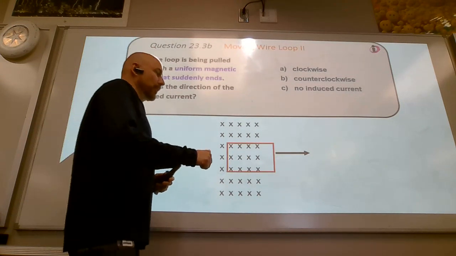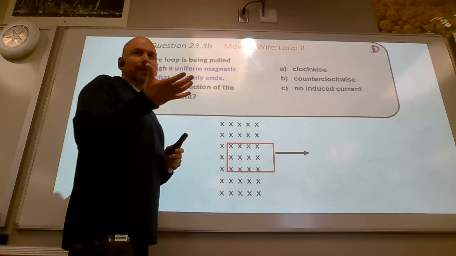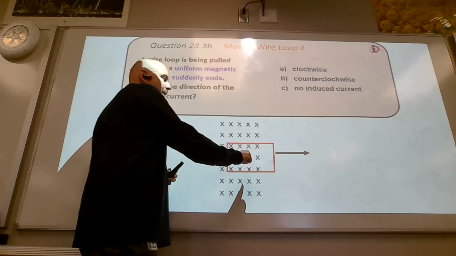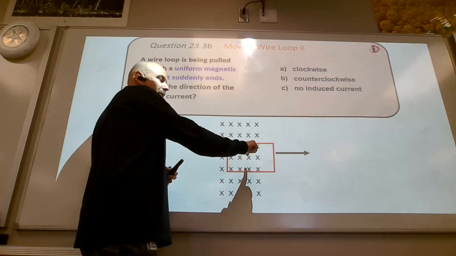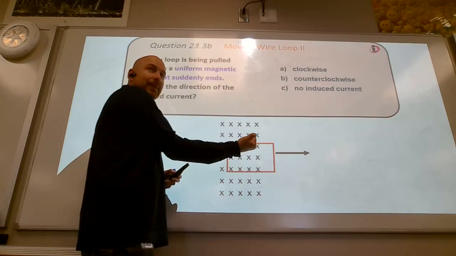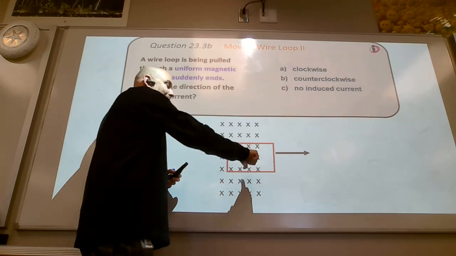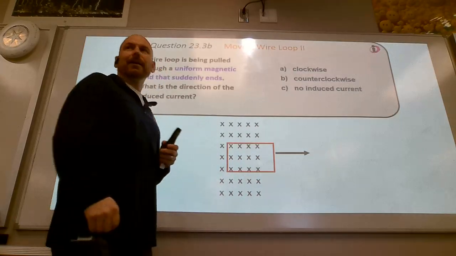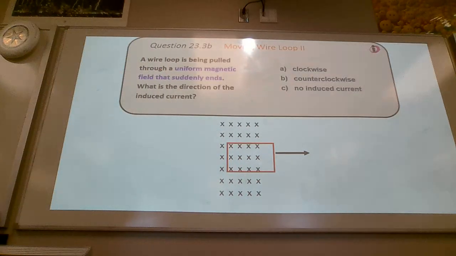So here's how I do it. Stick my thumb in the direction of the magnetic field. That's our original flux. And then it's decreasing, so I flip it. And then I flip it again for Lenz's law, clockwise.